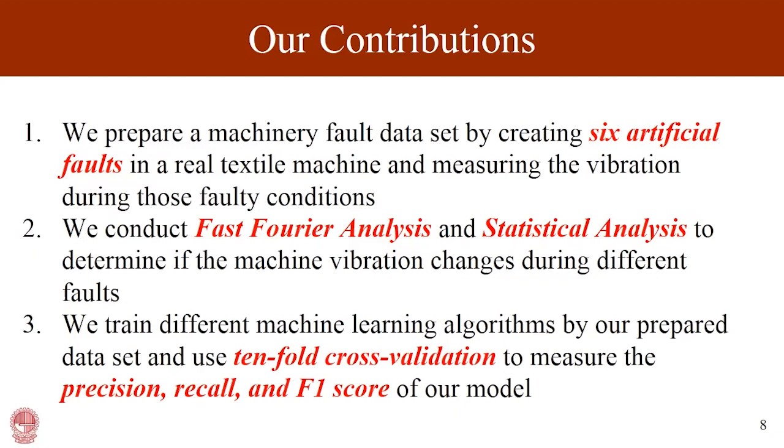After that, we conducted fast Fourier analysis on the prepared data set, which tells us about the machine frequency during different faults. We also did statistical analysis on our data set so that we can extract different statistical features of the data so that we can identify the pattern of change in vibration data during different faults.